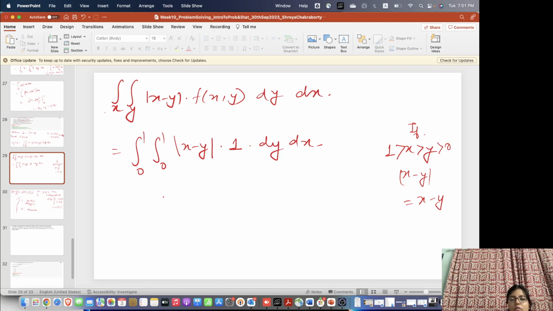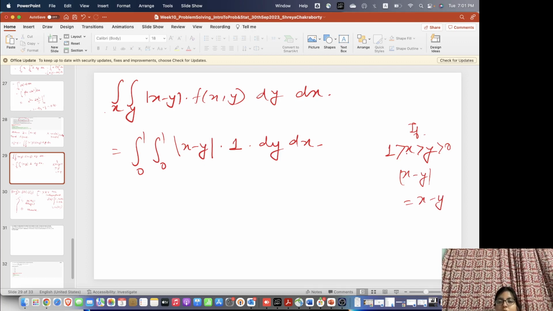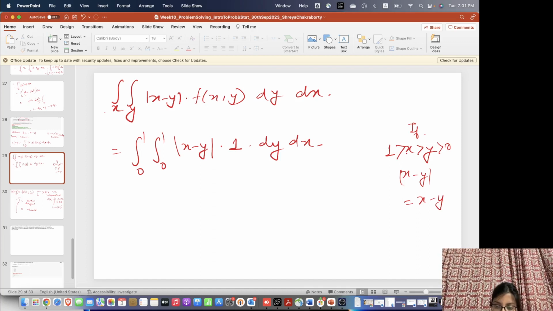Or if we take the other way round, let's say inside we have written y first. So let us consider it in this way.